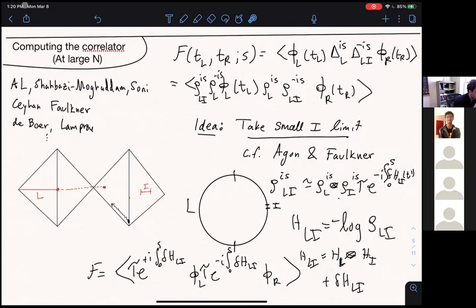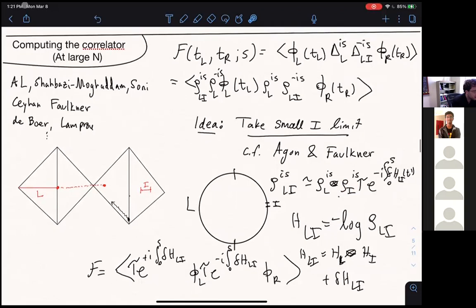Okay, good. So the point is, I'm going to compute this at large N and small I, which is equivalent to this large distance limit, where L and I become separated very far.